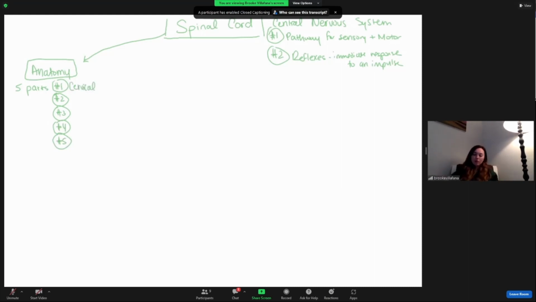Cervical has 8 cervical nerves that come off of it. So what it's trying to say is if this is the brain, this is the spinal cord, it's divided up into 5 sections that go along it. Here's number 1 with 8, 1, 2, 3, 4, 5, 6, 7, 8 nerves that come off of that section.